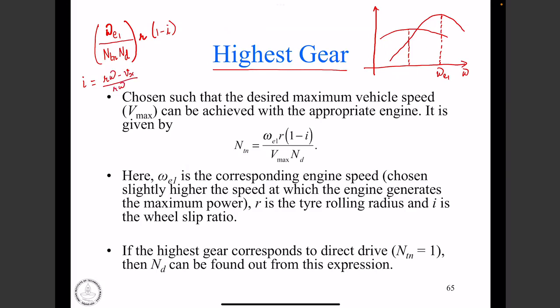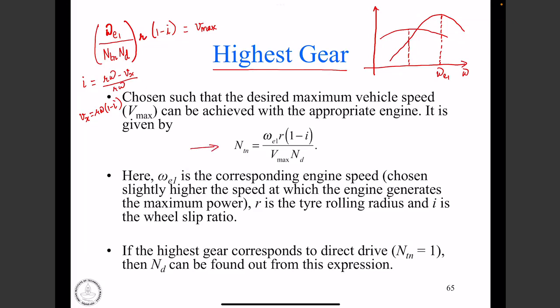Okay, so that is why you can see that Vx we get as R omega times 1 minus I, if we simplify this expression. Okay, so what we have derived is the longitudinal speed, and that should be equal to Vmax, which is the maximum vehicle speed when we are going in the highest gear and when the engine speed is at omega E1. Okay, and that's how we get this equation.